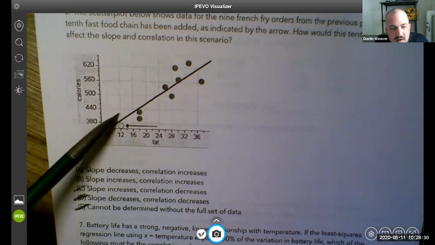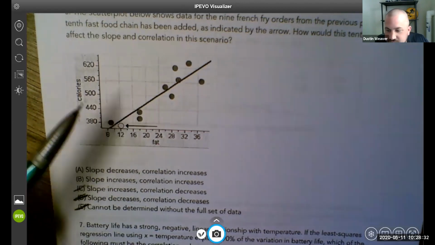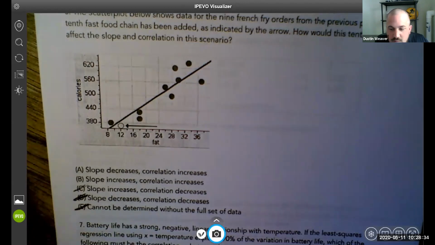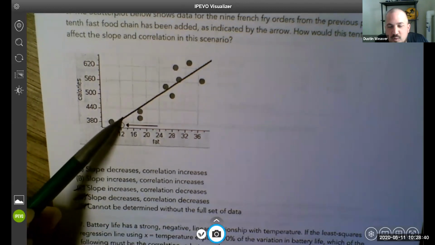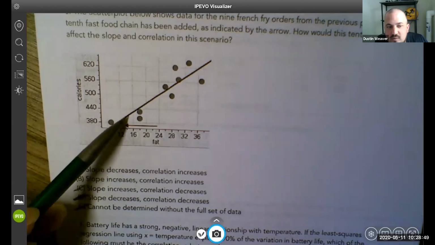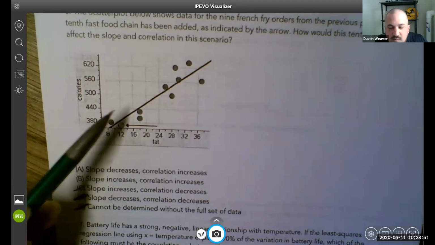But is the point above or below the line? It's below. So anytime you add a new point, it will always pull the line towards the point. If the point's below the line, it's going to pull your line down a little bit. If the point was above the line, it would pull your line up a little bit, right?